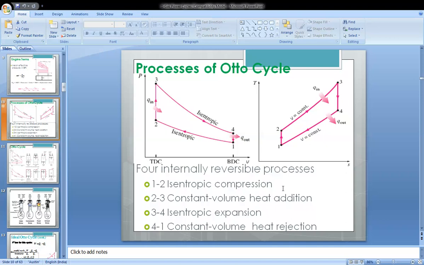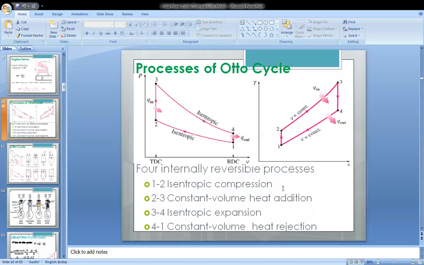When the piston reaches point 2, the spark is initiated with the help of the spark plug and the combustion process takes place. Heat energy is added at constant volume, that is, operation 2 to 3 is heat addition at constant volume. Then the expansion process takes place as an isentropic expansion, simply the power stroke.